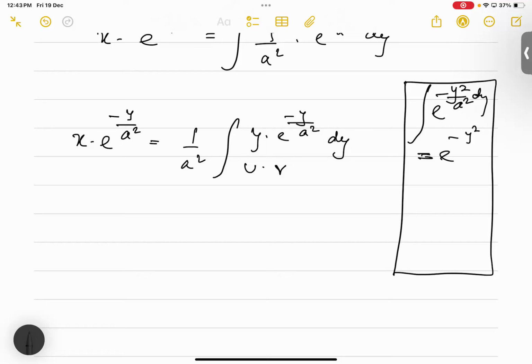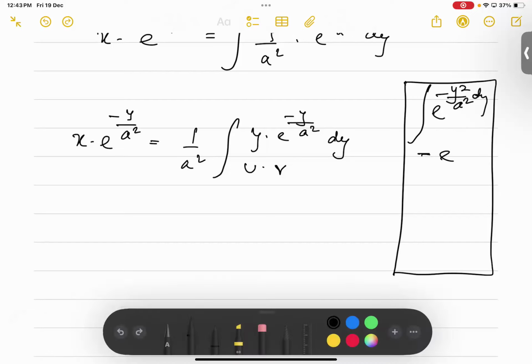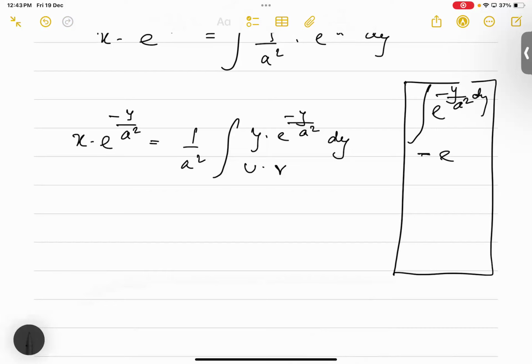E raised to x is E raised to x. Minus y upon a square upon minus 1 upon a square. Can someone explain this to me? Chain rule. So minus a square E raised to minus y upon a square. How? A square also went up, the minus sign also went up. Okay?